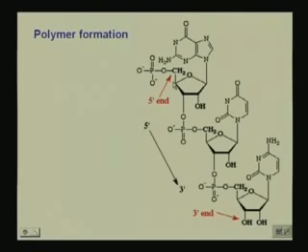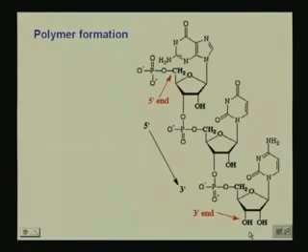But we considered the polymer formation in our last class, and what did we find? At this 3 prime end, what does the free OH do? It goes and attacks the alpha phosphate of the triphosphate, releasing the pyrophosphate and attaching the next nucleotide. What are we doing then?